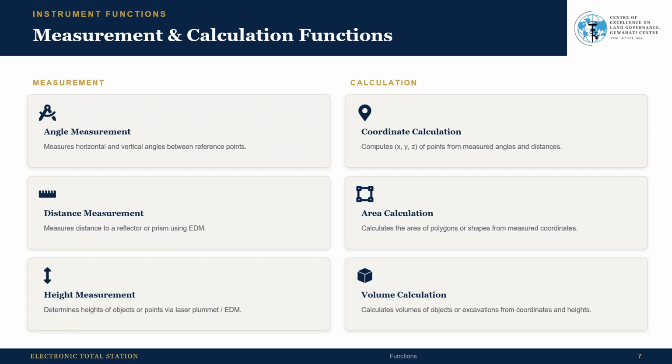Once these observations are available, the onboard system can calculate the 3-dimensional coordinates of points, commonly represented as X, Y, and Z. Based on these coordinates, the instrument can also perform calculations such as area and volume. This combination of measurement and computation significantly reduces the amount of manual calculation required in the field.